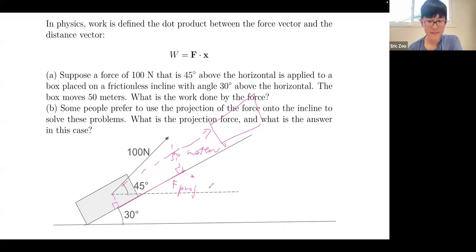So now we can use the F projection times the distance directly. And we want to check that this is also a valid way to solve these problems. Alright, let's assume that the box doesn't fly off. Just assume this formula works. It's all frictionless and whatever.